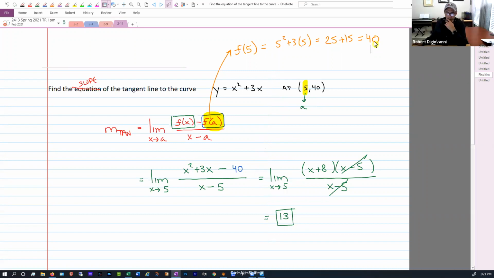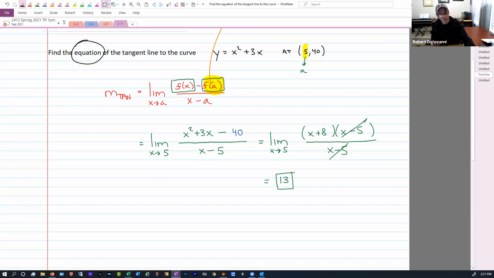Good. Okay, so right now, just calculating this limit gives us a number, and that represents the slope of the tangent line. But if I wanted to know, not the slope, but the equation of the tangent line, the slope is the slope, but to find the equation, you need more. So to do this, you actually have to go back to college algebra, and you have to go back to this formula.